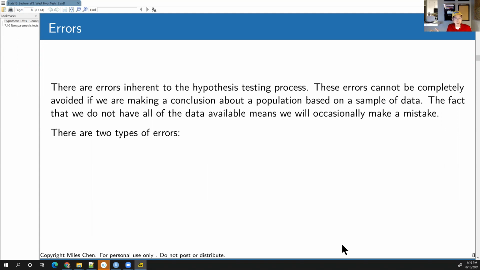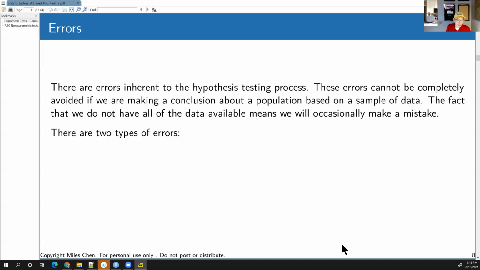And we have to do this throughout all of life, right? We don't have the time and luxury to learn every detail about everything. And so we always have to make some assumptions to fill in the blanks, okay? But we also know that when you make assumptions, sometimes you're wrong, okay? And sometimes you make a mistake and you end up getting it wrong, right? And this is inherent to statistics.